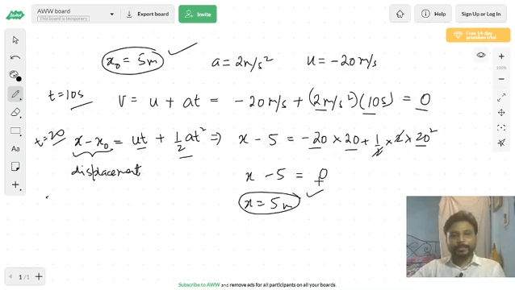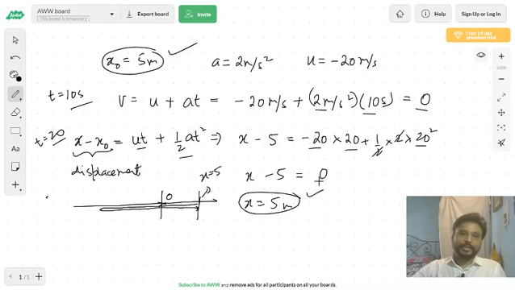So what actually happened is that, let's say you have a number line, this is the origin, this is x equal to 5. The particle must have crossed the origin at some time. It would have turned and come back to x equal to 5 at t equal to 20 seconds.